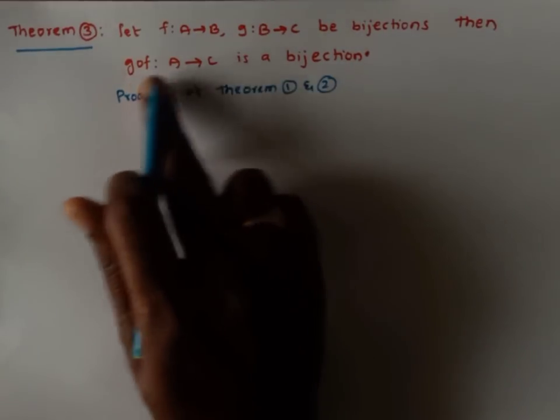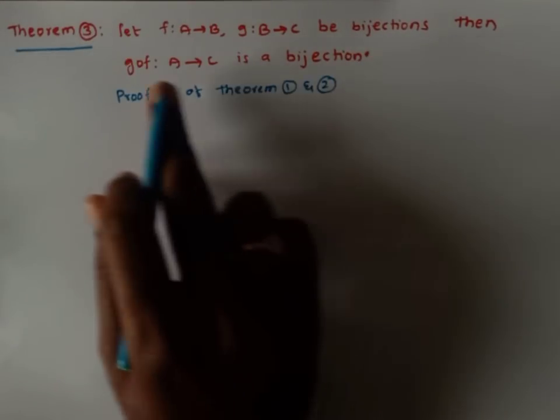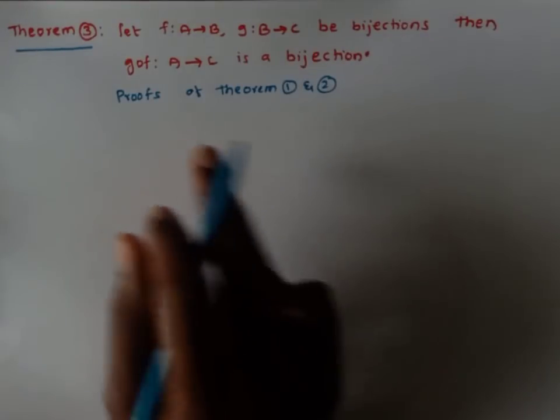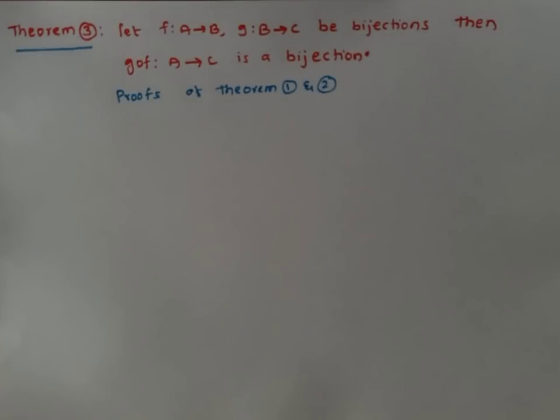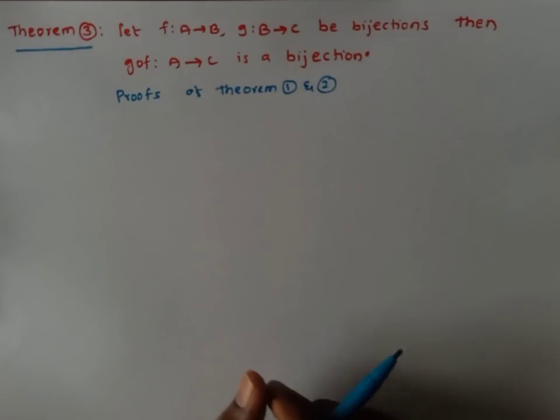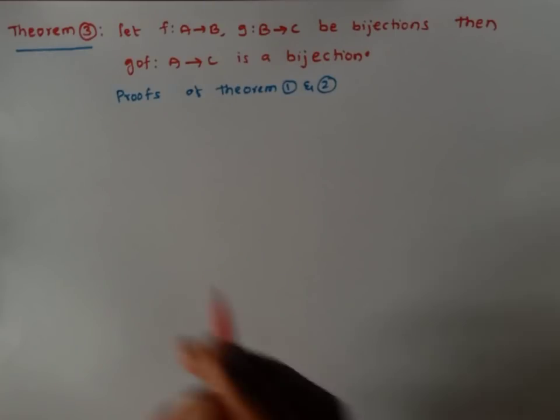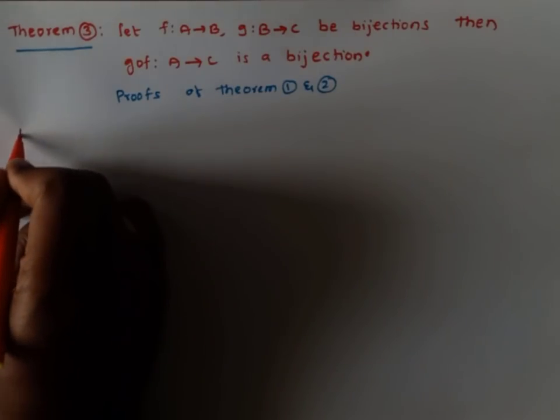Here we need to show G circle F from A to C is a bijection. Means what we have to show? We need to show G compose F is an injection and G compose F is a surjection. So finally you need to write that G compose F from A to C is a bijection. So I need to write both the theorems here. Right? So write down one note.